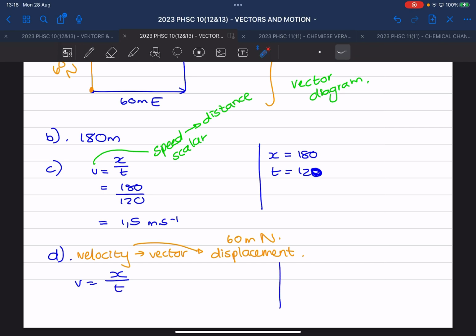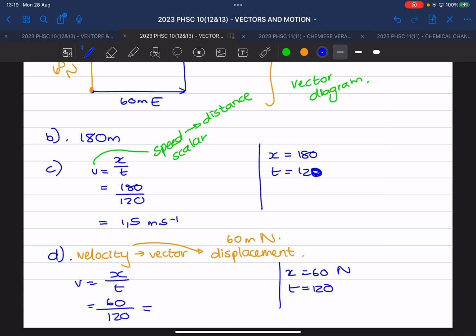So his displacement was 60 meters north. The time is still 120, because to get from his start to his finish still took him 120 seconds. So that is 60 divided by 120.